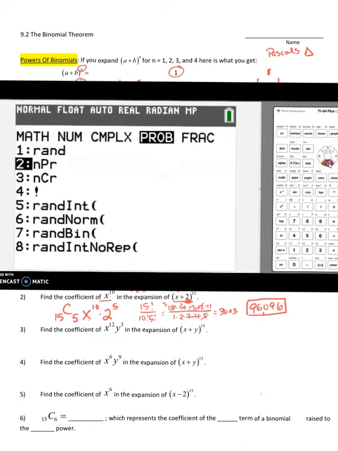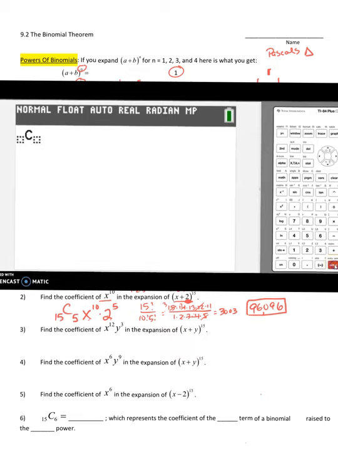We are doing combinations, so we're going to go to number 3 and put that in. If you have the newer calculator, it'll just come in like this, and you plug in your 15 and your 5, and you get your 3,003 that way.